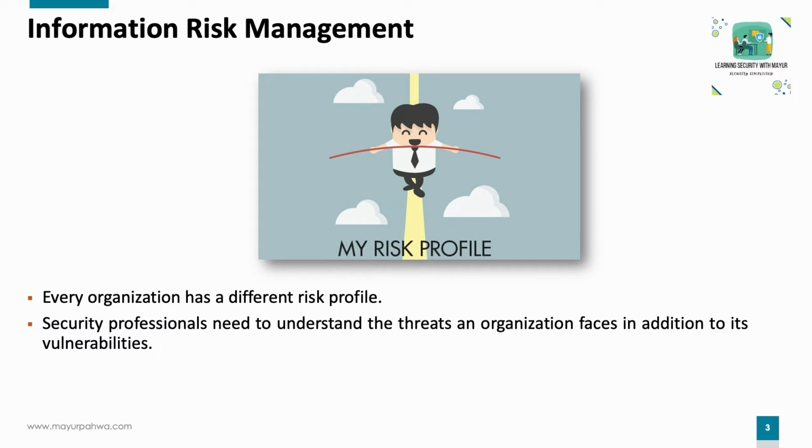The skill is in identifying these threats, assessing the probability of them actually occurring and the damage they could cause, and then taking the right steps to reduce the overall level of risk in the environment to what an organization identifies as acceptable. Information risk management is not a one time activity. Rather, it's a continuous one. It has multiple steps which we will learn about further down the line.